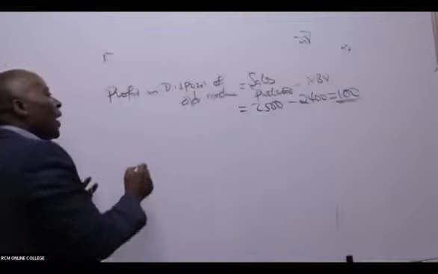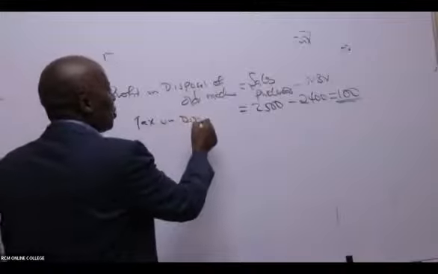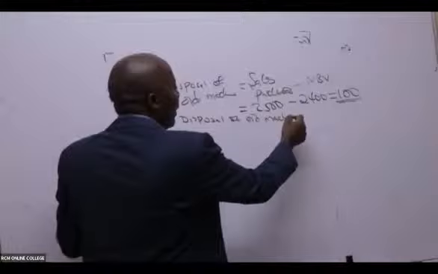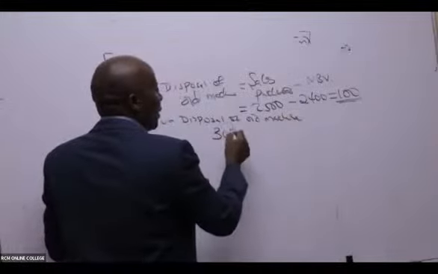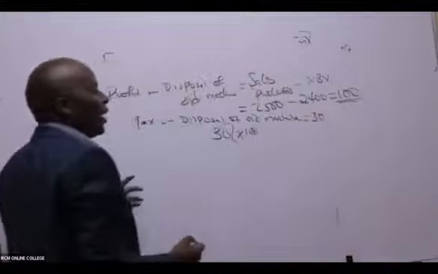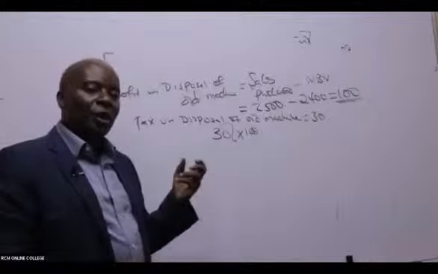So then go ahead and give me the tax on disposal of old machine. This tax you must pay. So it will be 30% times 100, which gives me 30 bob. And then Wayne is asking a very important question on installation.